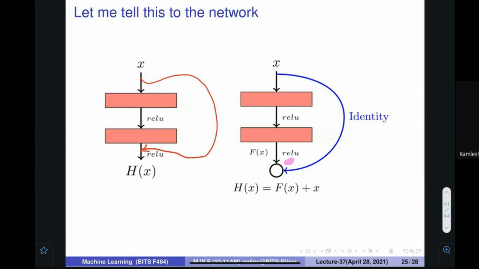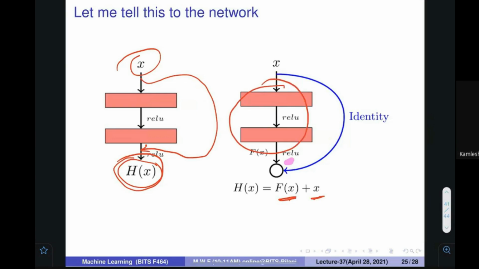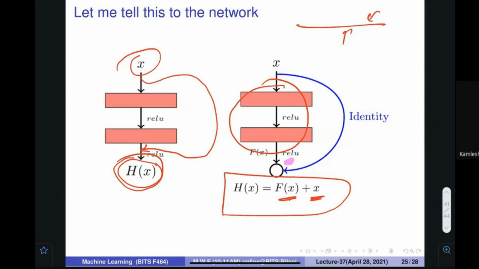So earlier, if X was fed, I was getting some representation over here. But by having this skip connection, I have F(x) plus what is being transformed over here, plus x is also there. So now instead of a single value that I was hunting for, there are two values in which I am going to be interested.